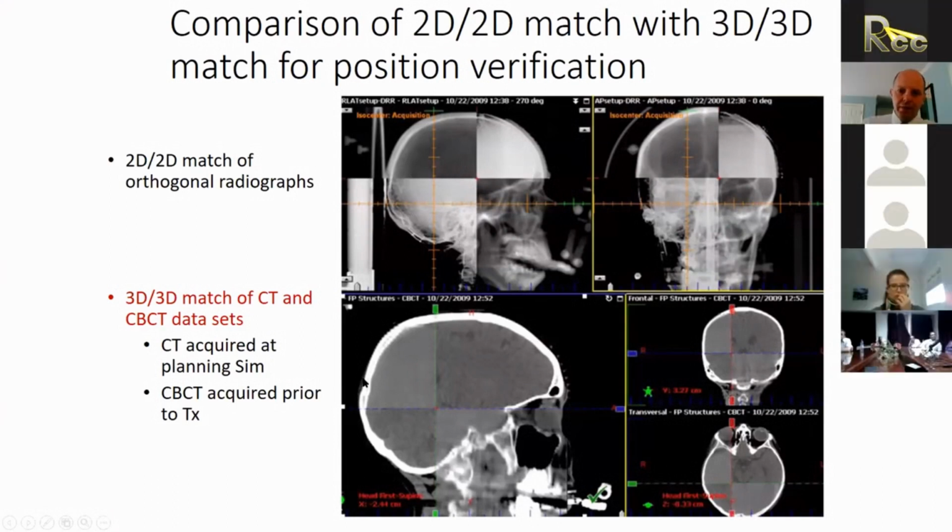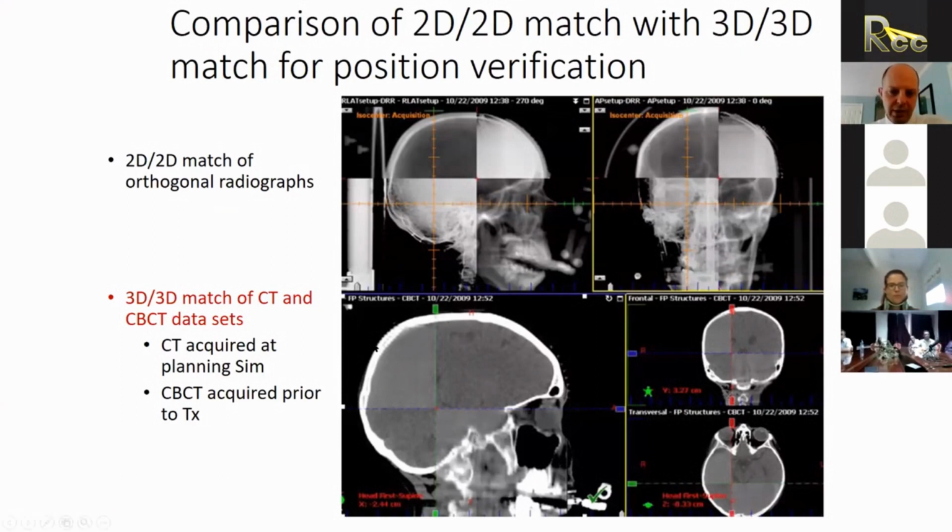On the bottom, this is what a 3D/3D match looks like. You can scroll through and see each individual slice of the patient. In fact, there are 3 different windows here, and each one shows a different plane through the patient. So you can match the patient in all 3 of these planes simultaneously and scroll through and see any plane through the CT and how your planning CT and your cone beam CT align.